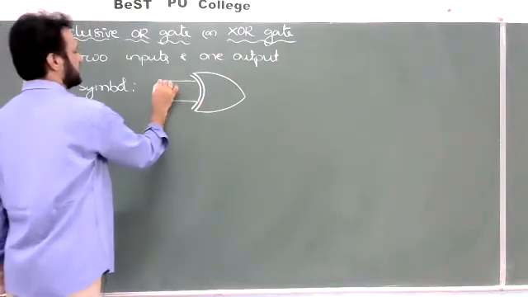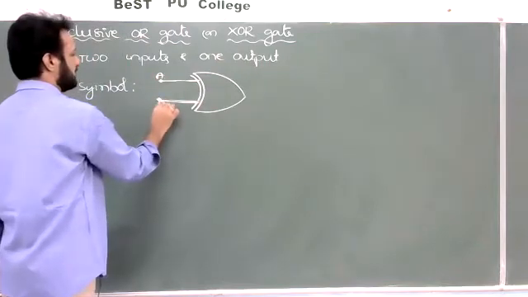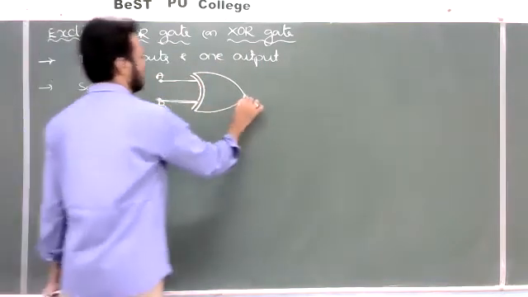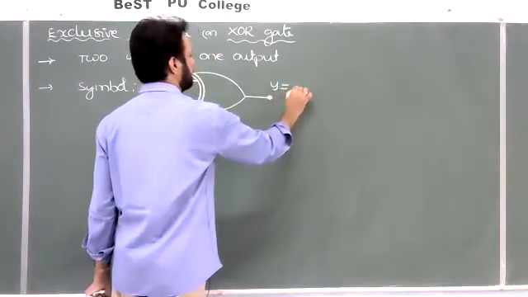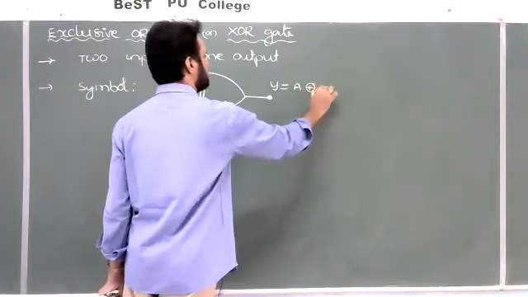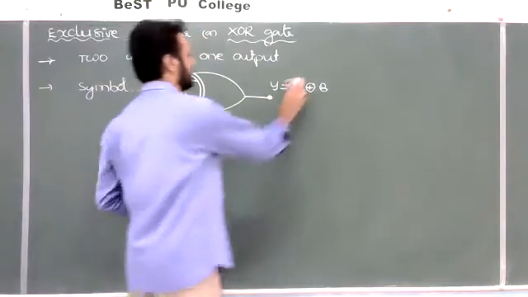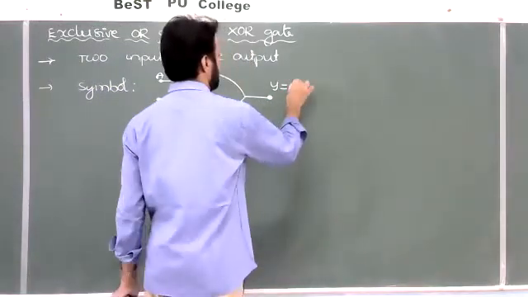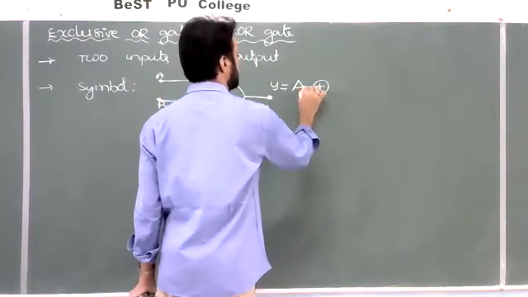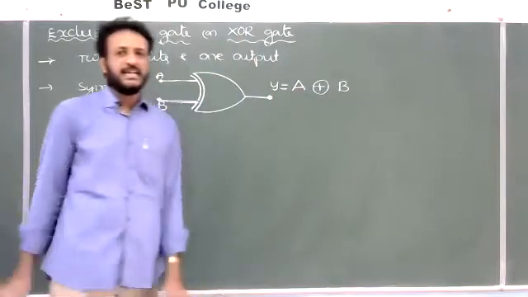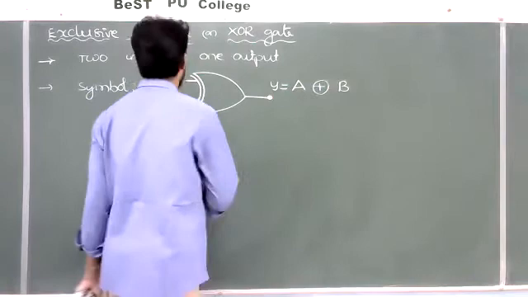It has 2 inputs, one is A, the other one B. Here one output Y equals A exclusive OR B. So simply I am writing a plus with a circle around it: first A, then the circled plus, then B. A exclusive OR B.